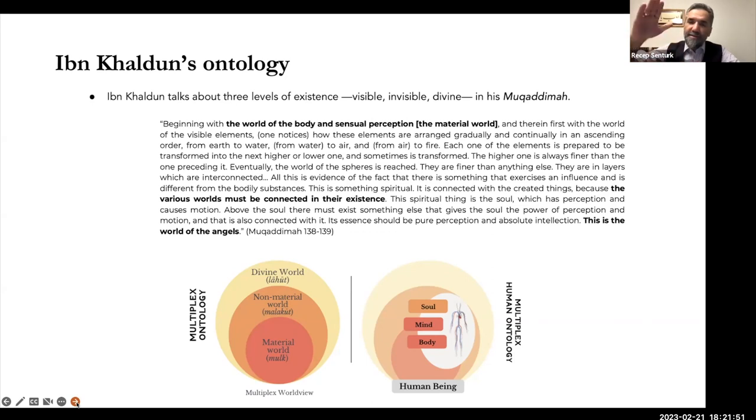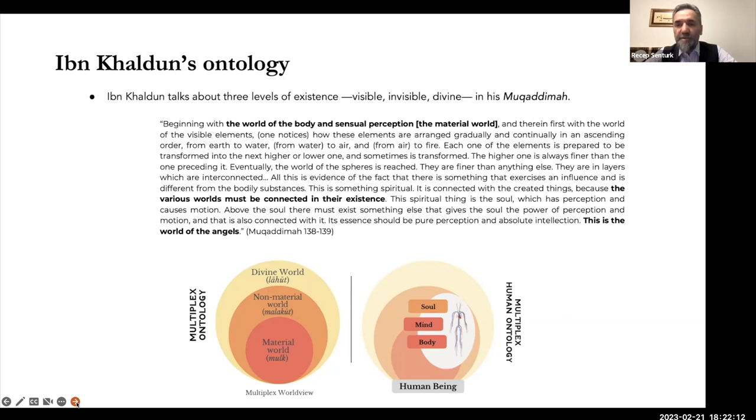So there is this hierarchical order. Some people misinterpret this as if he's talking about evolution, which is a completely baseless claim. He's just talking about this multiplex order, and he doesn't talk about evolution.